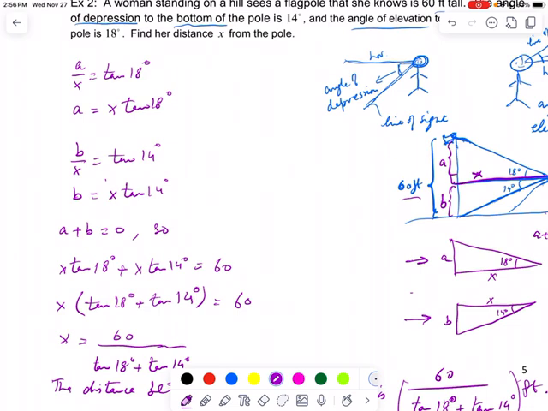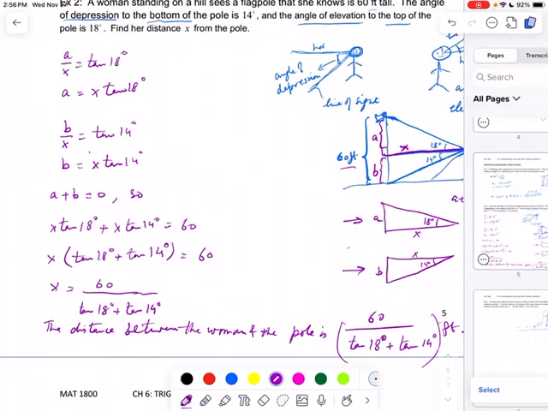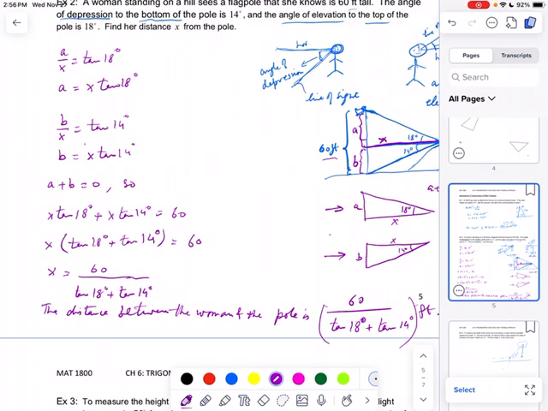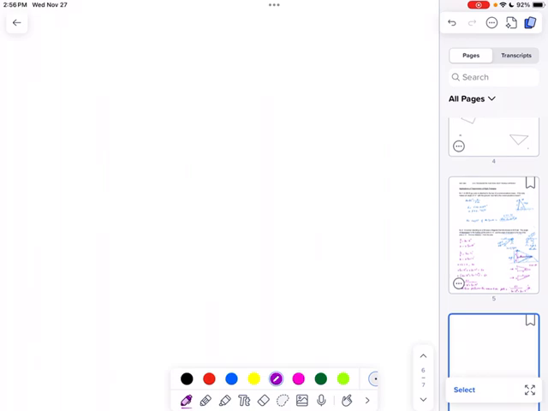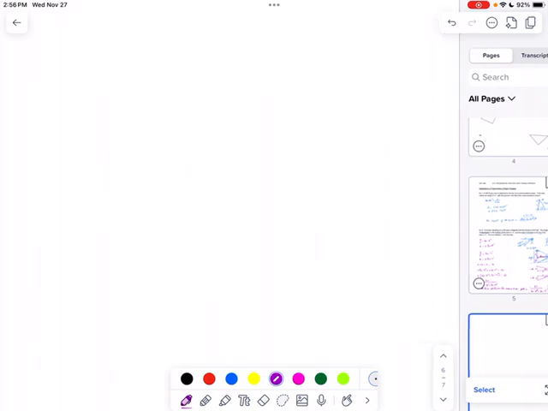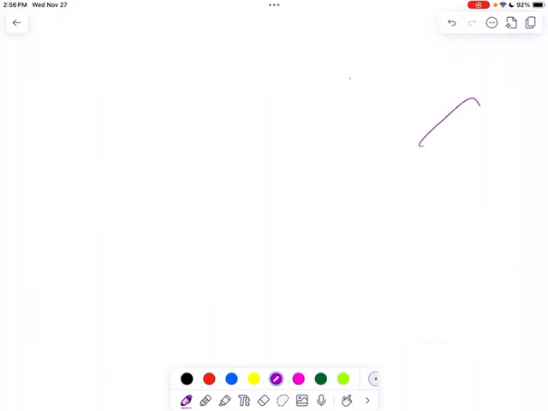For example, we have this situation. We know that the woman, this is the top of the hill, this is the flag. We saw that we had this scenario going on, right?